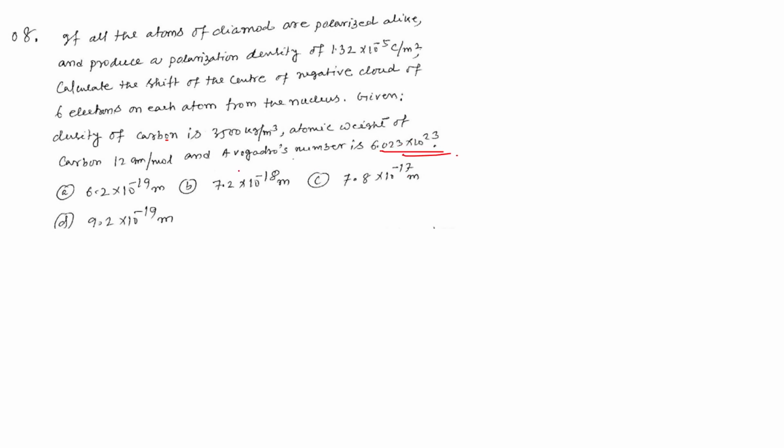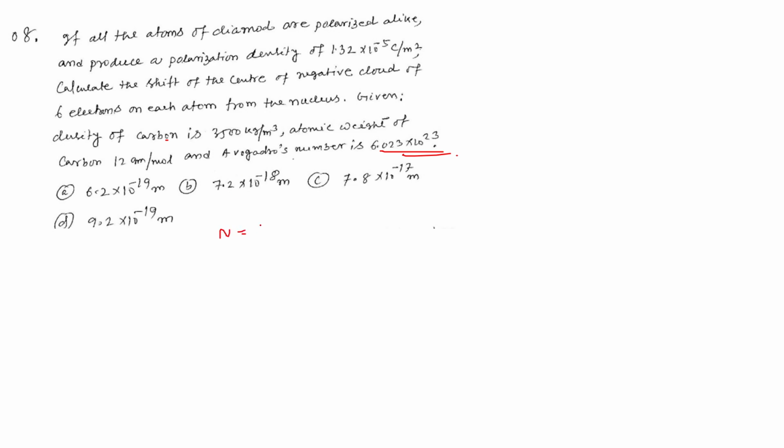Okay, now the number of carbon atoms contained per cubic meter, that is the n value.